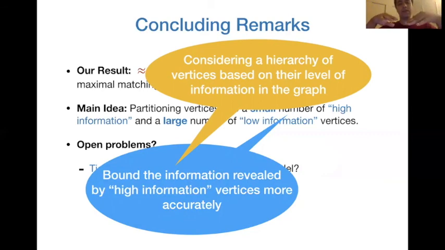Then we have vertices where every bit they send reveals half a bit of information about the special edges. Then the vertices where every bit they send reveals 1/4, and so on and so forth, up until the private vertices where every bit they send reveals only 1/n. And if we can create a construction with such a hierarchy of different vertices, we might be able to get an omega n lower bound.